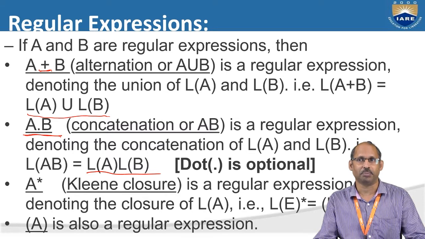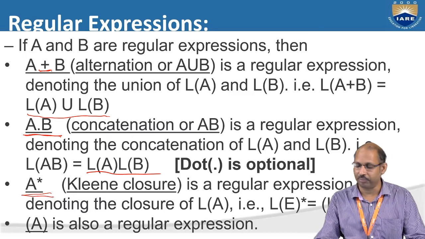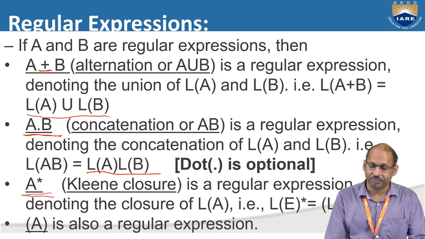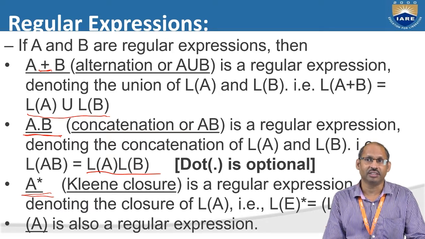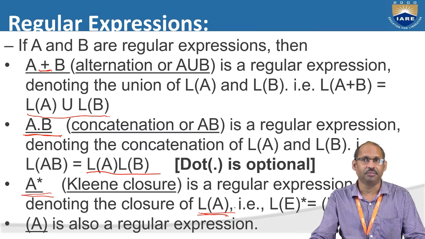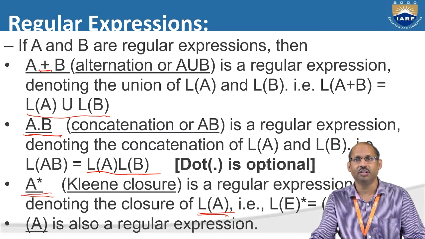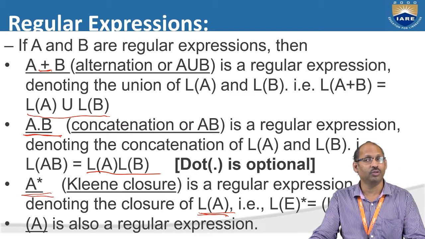Then the closure property, and the main one is the closure property. This closure property says A star is a regular expression for the language consisting of L of A, the Kleene closure of L of A. That is, L of E star is equal to L of E whole star.